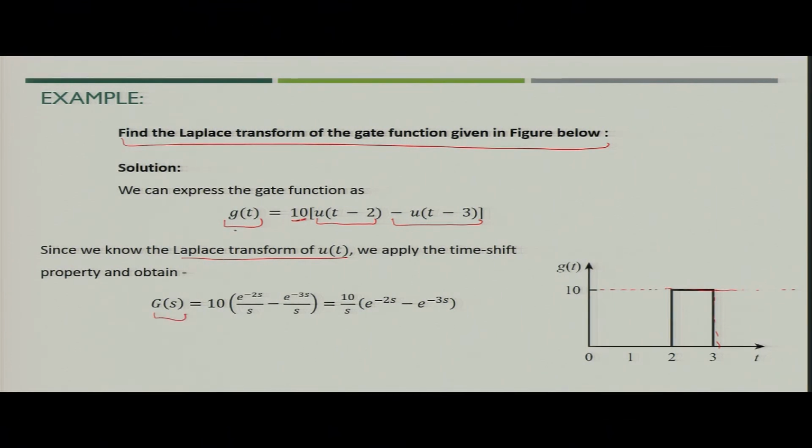The Laplace transform of g(t) will become G(s), that is nothing but 10 into e to the power minus 2s by s minus e to the power minus 3s by s. When you simplify, you will get G(s) as 10 by s times e to the power minus 2s minus e to the power minus 3s.